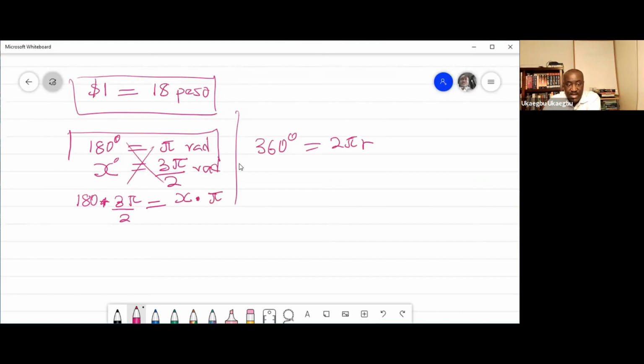Now you begin to simplify. 180 divided by 2 is 90, and pi divided by pi cancels. You are left with 90 multiplied by 3 equal to x, which is 270 degrees. So whoever got 270 degrees is correct.